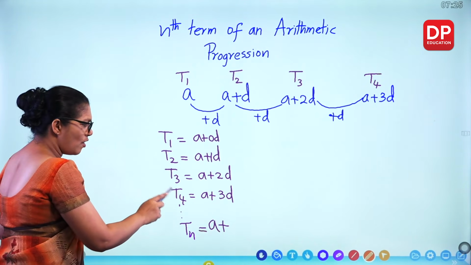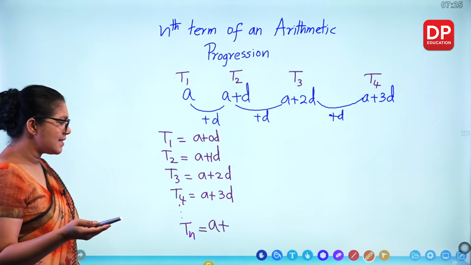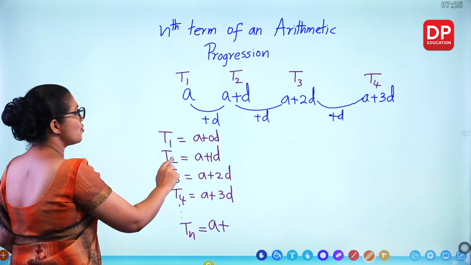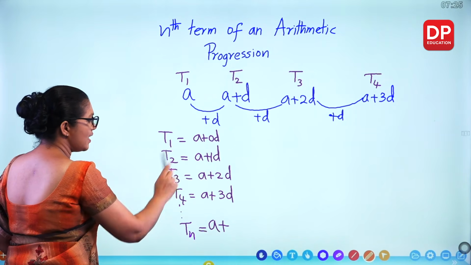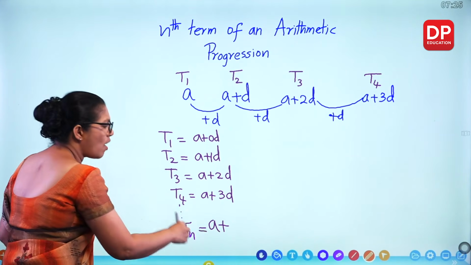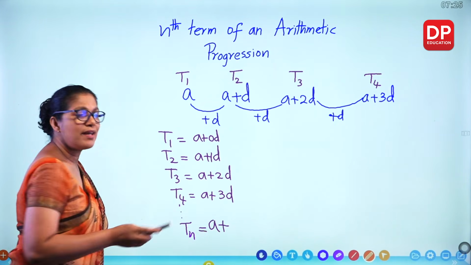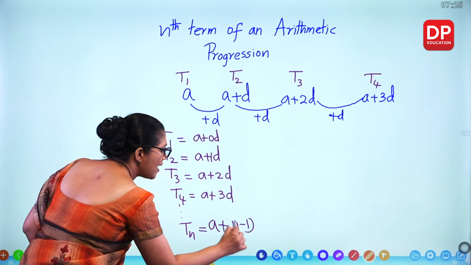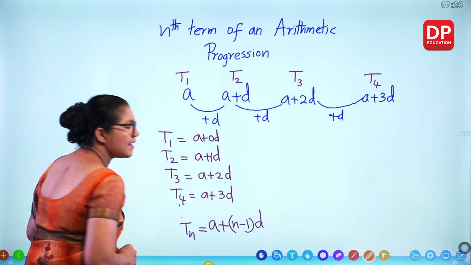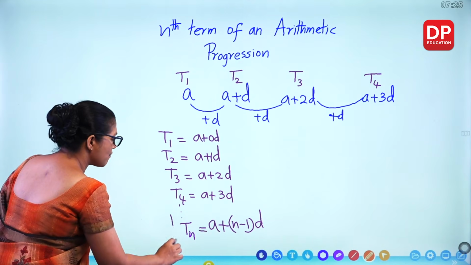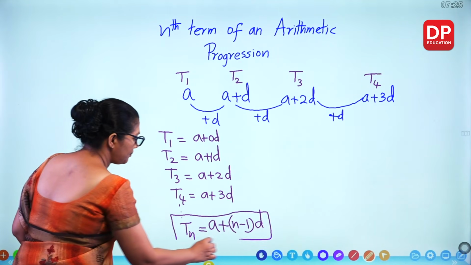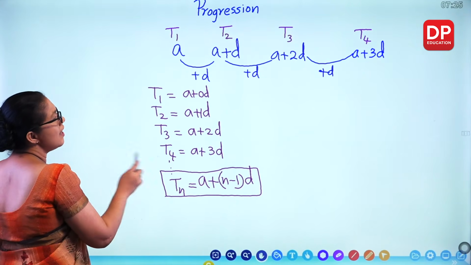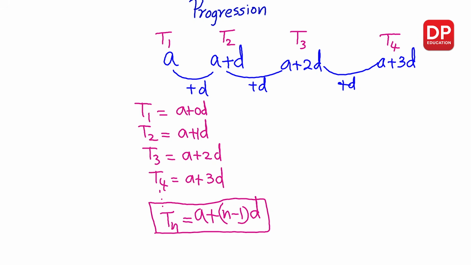If this is 4, 4 minus 1 is 3. If this is 3, 3 minus 1 is 2. 2 minus 1 is 1. So, here if this is n, always this number is 1 less than that. So, I can write this is n minus 1 d. Now, we get a formula for nth term.